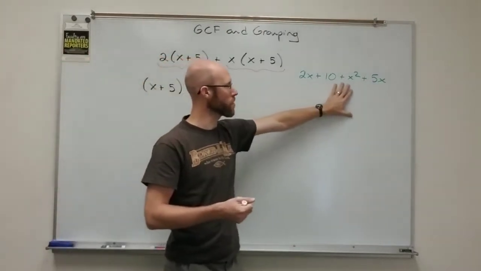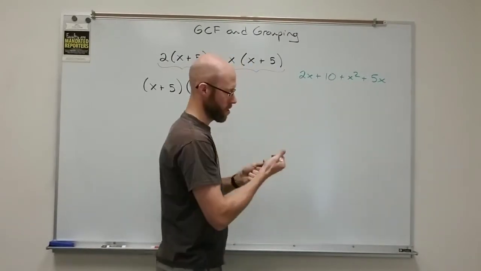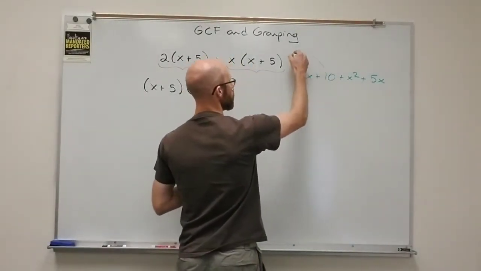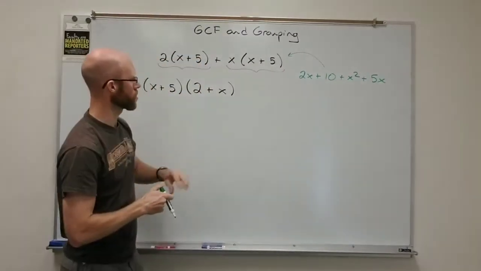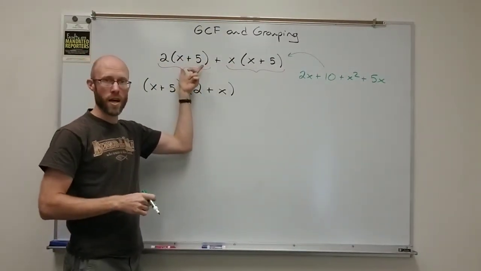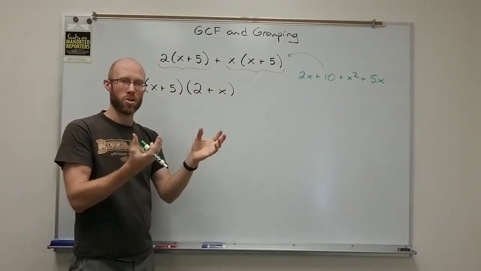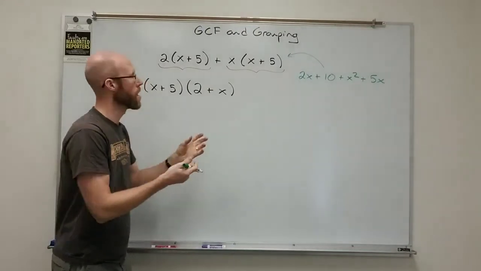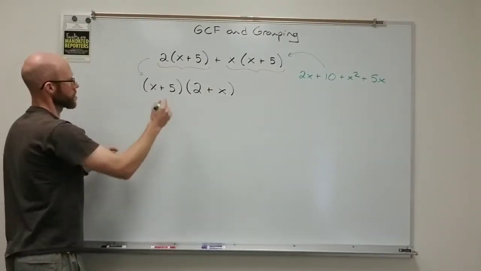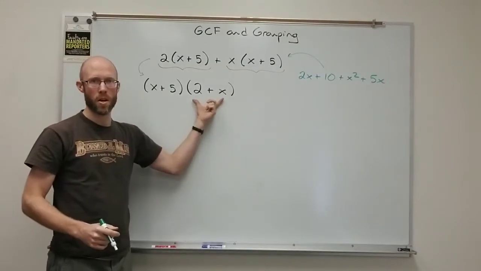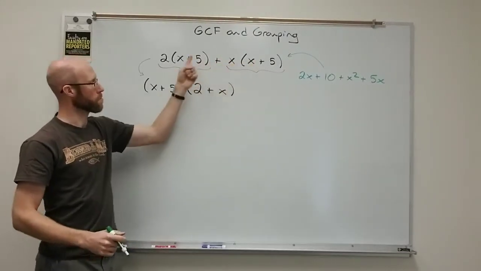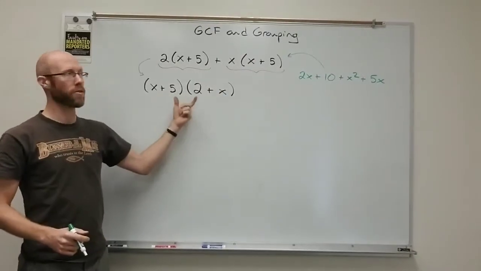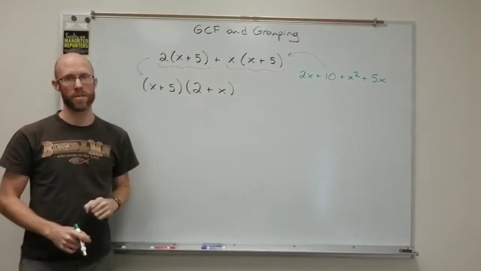If I were to give you 4 terms, you could actually go to this step, which factors out 2 GCFs from 2 sets of terms, and then goes to this final factored form where you have the binomial common factor pulled out and then another binomial left inside.